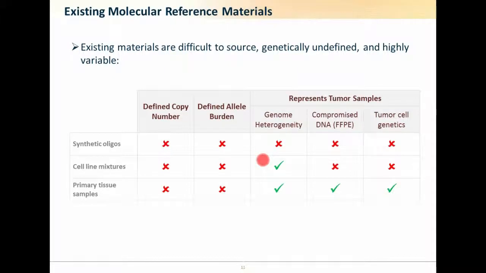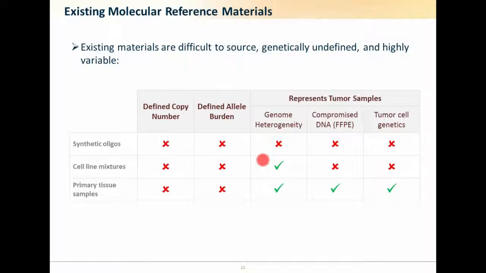The cell line mixtures have been very popular in the past, and in the next couple of slides I'm going to introduce why they need to be used with some caution. And then, obviously, primary tissue samples will at some point always need to be involved in the validation of a molecular assay.